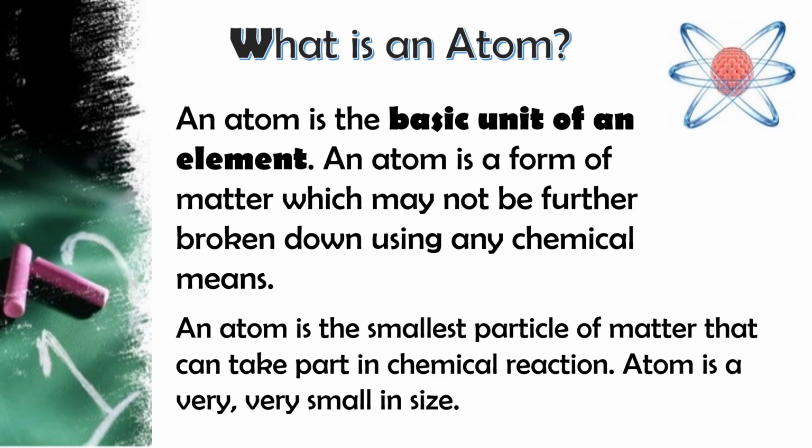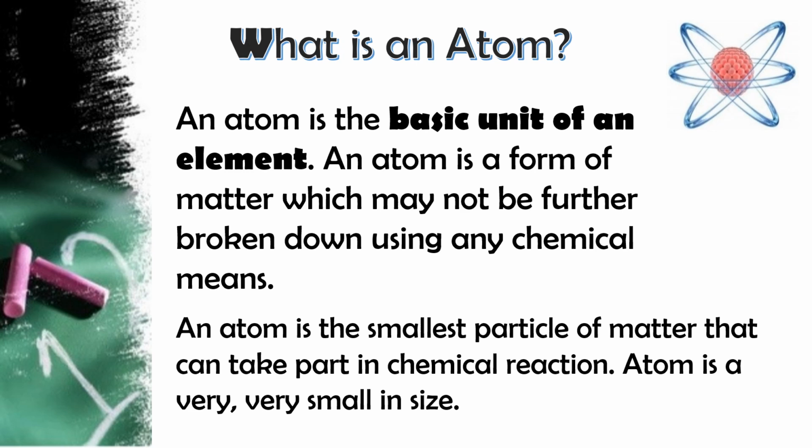Now, we are going to define first what an atom is, for you to really understand the basic structure of an atom. An atom is the basic unit of an element.